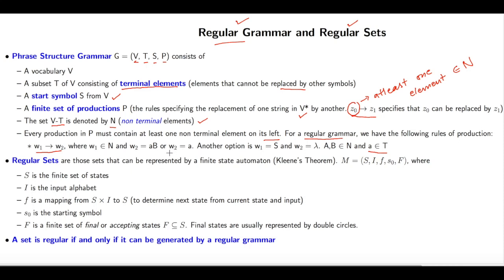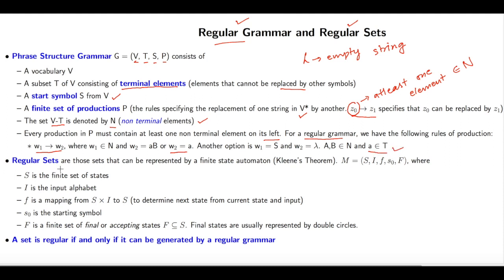We can have another kind of production, where W1 is replaced by just a, so a non-terminal symbol is replaced by a terminal symbol. Another option is that the starting symbol is replaced by lambda, the empty string. Here B belongs to the non-terminal set, and lowercase a belongs to the terminal set.